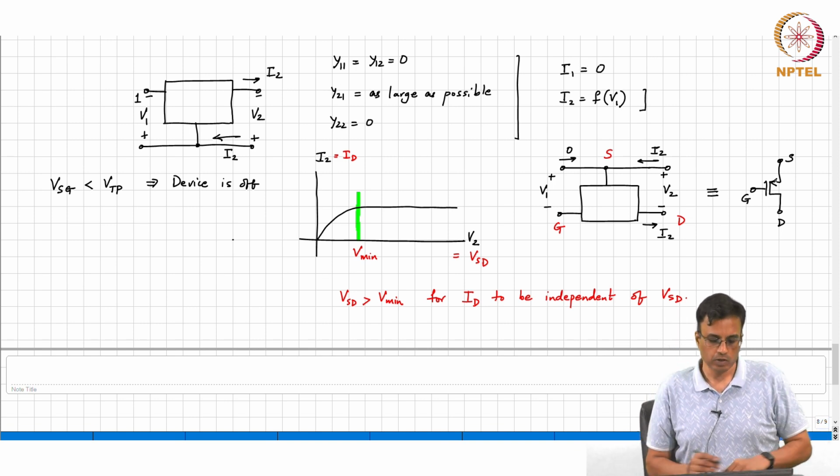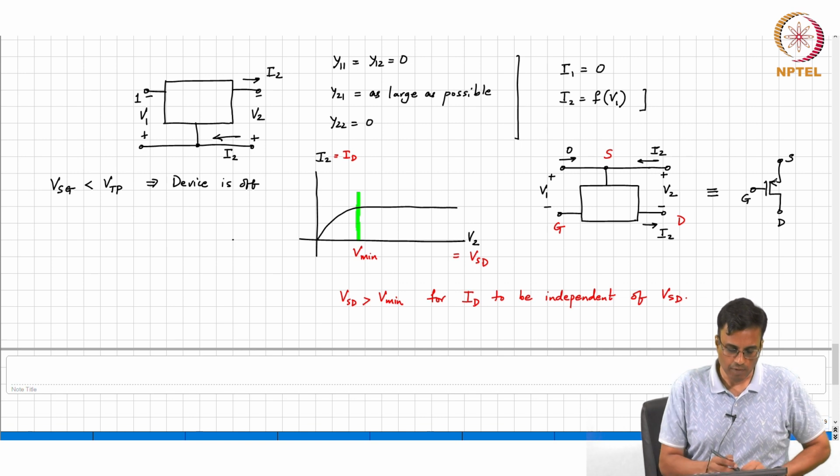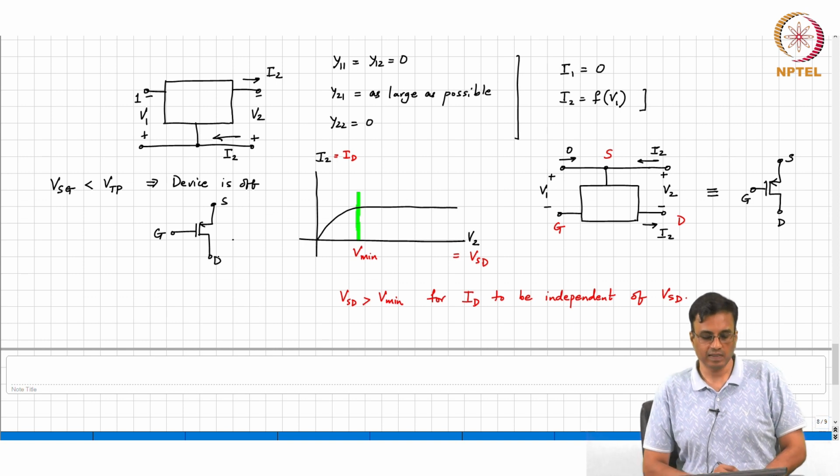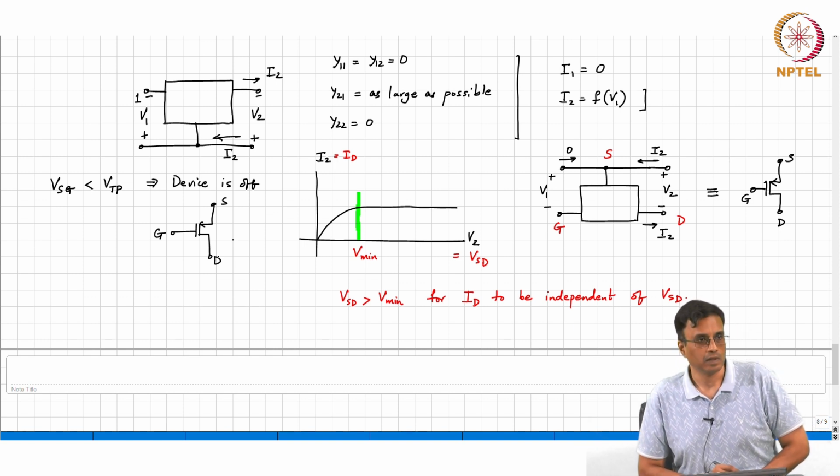Correct? So, G, S and B. If VGS is less than VTP, the device is off.